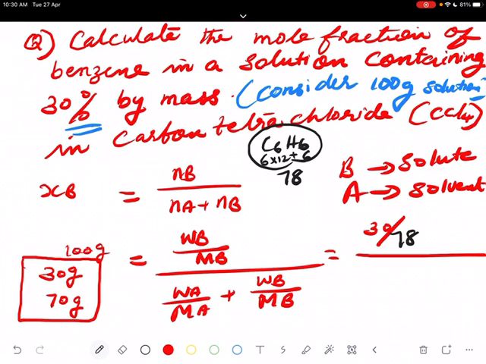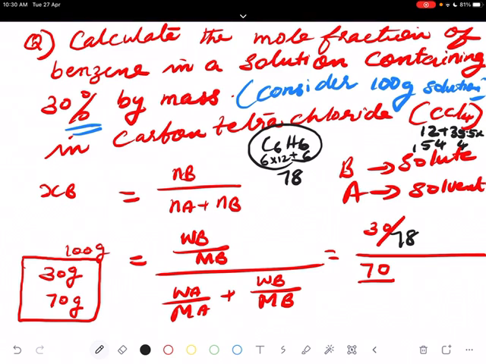What is the mass of the solvent? 70. Mass of the solvent is 70 upon its molar mass. What is its molar mass? For molar mass, you have to calculate CCl4. That means 12 plus 35.5 into 4. So altogether 154.